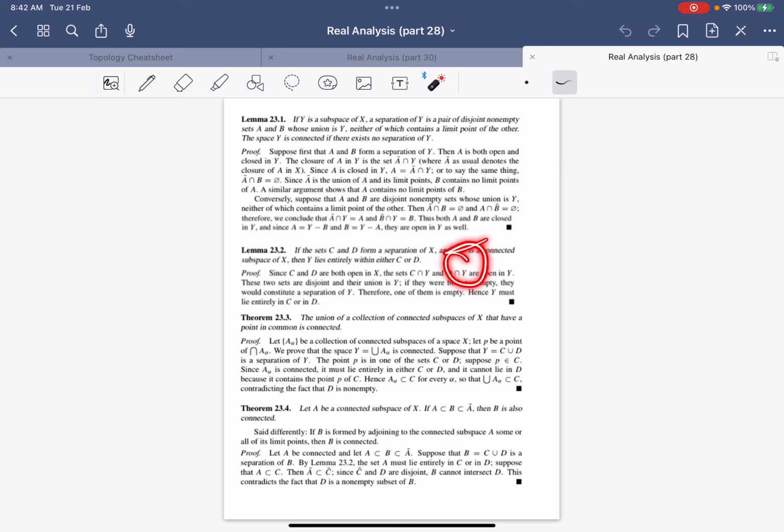If D intersect Y is empty and Y is a non-empty set, then D must be empty. As a result, Y lies entirely in C.